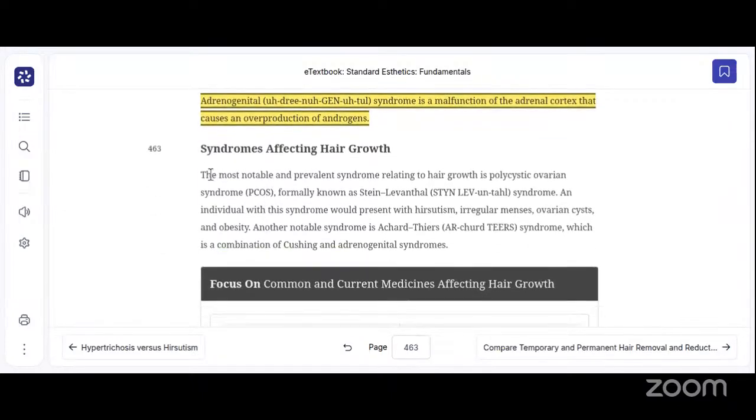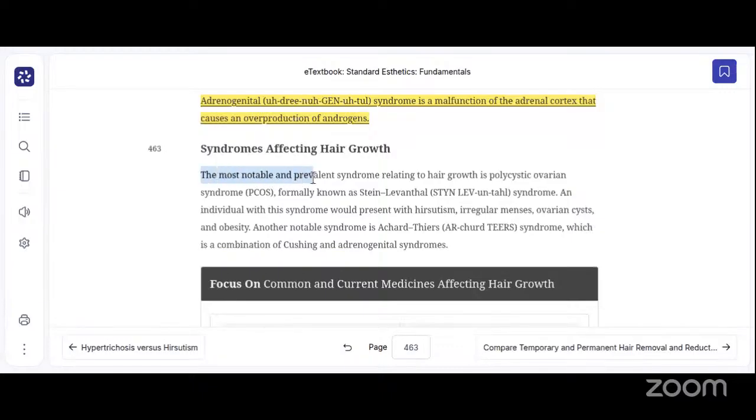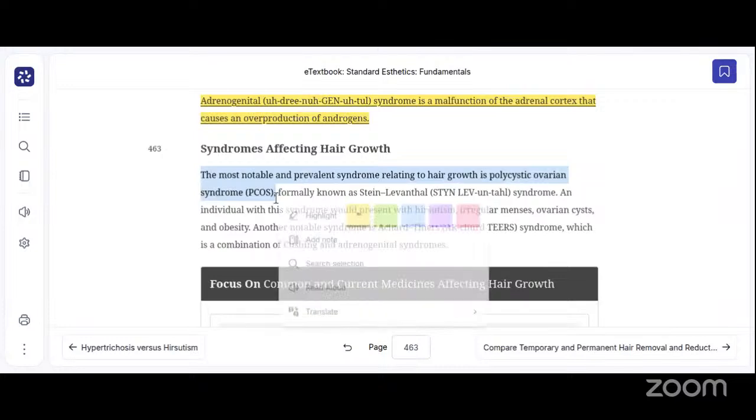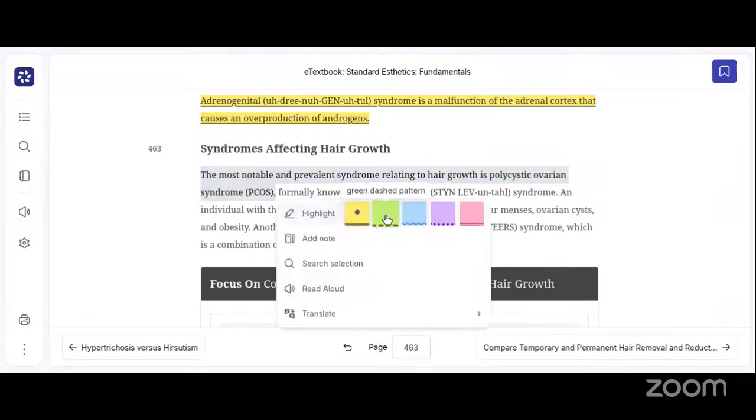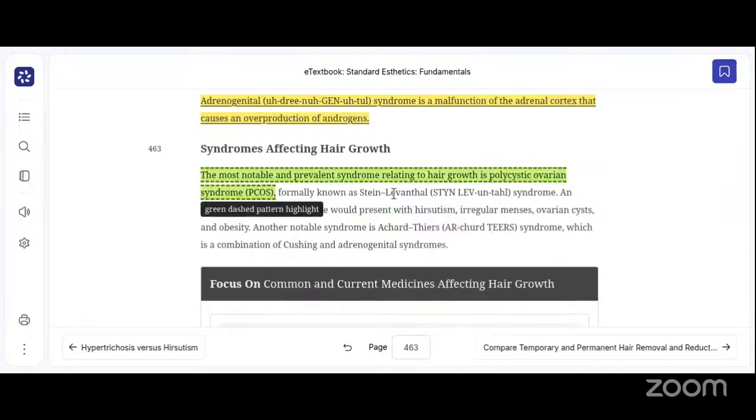Syndromes affecting hair growth. The most noticeable is PCOS, polycystic ovarian syndrome. A lot of times that's the main one that I come in contact with. PCOS individuals have texture issues, they have overweight issues, and they're also dealing with hirsutism and hair loss, whether it's alopecia on the scalp or excessive hair growth on the face and other areas of the body.